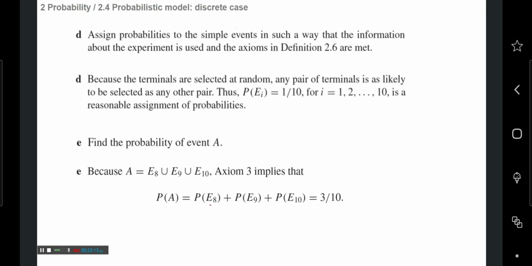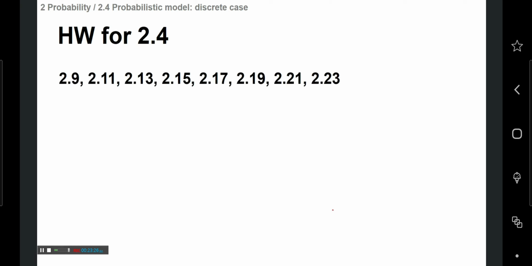Each is 1 over 10, so the result is 3 over 10. That's all for chapter 2.4, and the homework for chapter 2.4 is these.